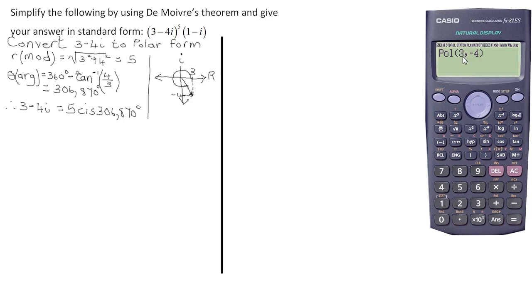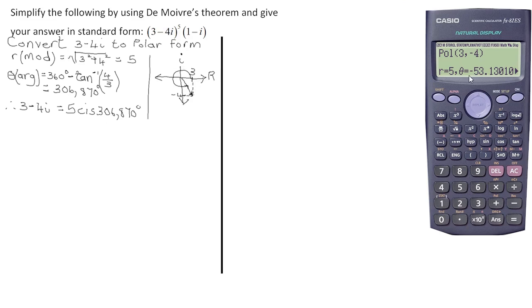Polar form, real 3, -4, and now you're going to press equal. You can see there your modulus is equal to 5, which is correct, but your argument is equal to negative 53.130. And I can explain that quickly. Your Argand diagram, that amount there will give you that 306.